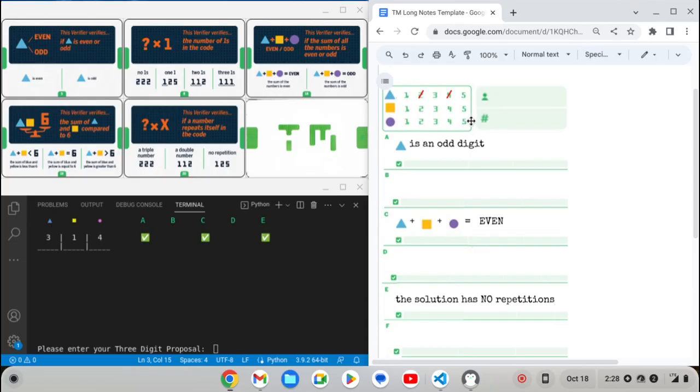I just don't see that. So no, I don't believe that the solution can be 314. So it does need to change.